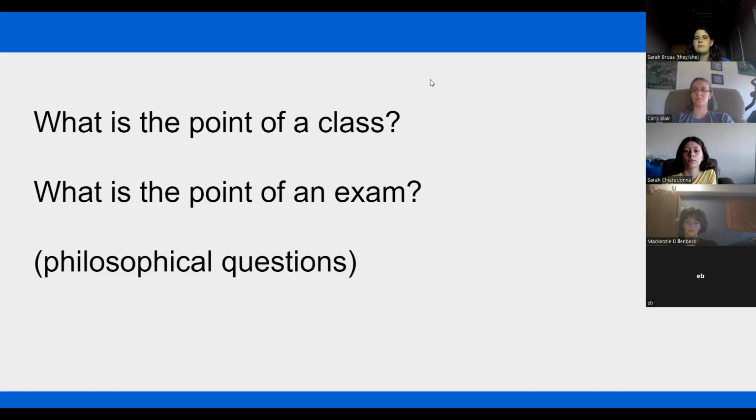I think for me, the point of a class, I think of it in more of a career focused way, where I want a class to prepare me to have the skills so that I can become a researcher one day. To have the skills, to have the knowledge. And the point of the exam for me is to give information to a professor and to myself. I want the professor to know from the exam how much I've learned, and I want the exam to tell me how much I've learned as well.